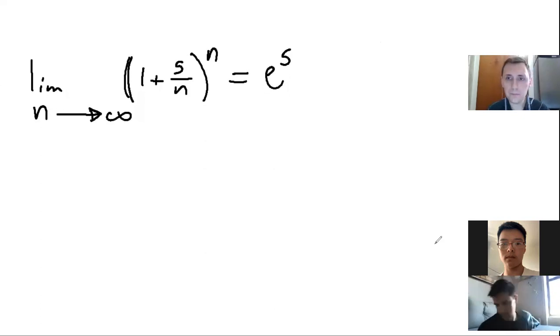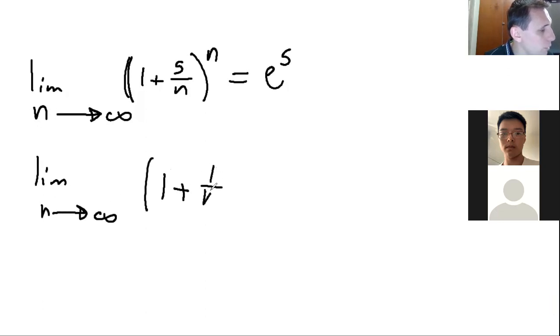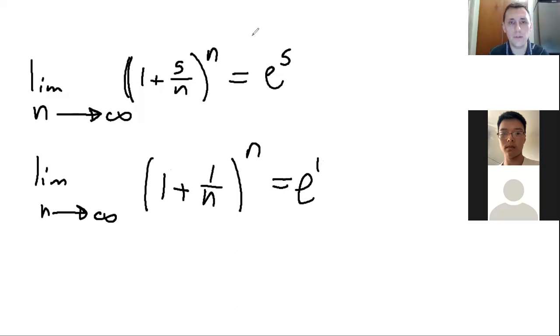So what is the meaning of this limit? Look at this, guys, right? So in particular, I have this limit where n goes to infinity of (1 plus 1 over n) to the power of n is e to the power of 1. It's e, right? Now, when n is going to infinity, what am I seeing here? I am seeing that this perturbation goes to 0. And what am I seeing here?